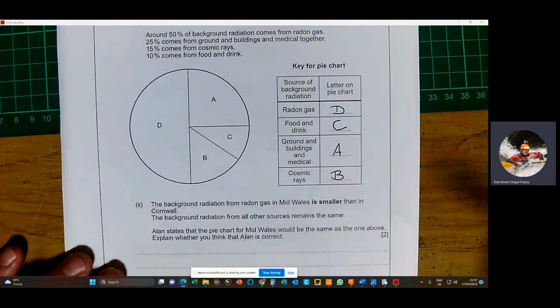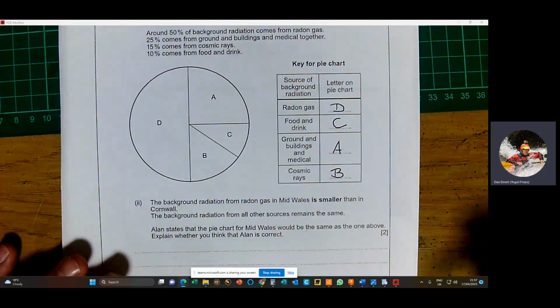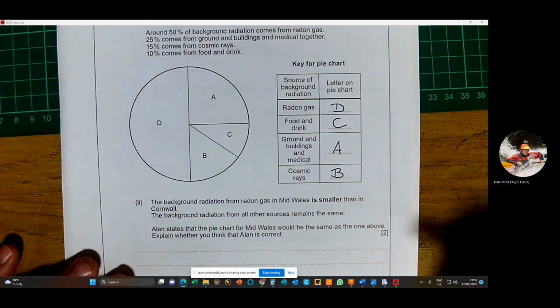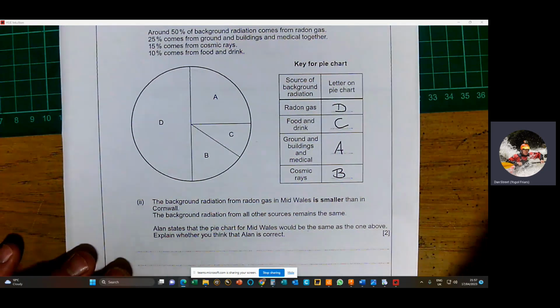It then goes on to tell us that the background radiation from radon gas in Mid Wales is smaller than in Cornwall. The background radiation from all of the sources remains the same. Alan states that the pie chart for Mid Wales would be the same as the one above. Explain whether you think Alan is correct.